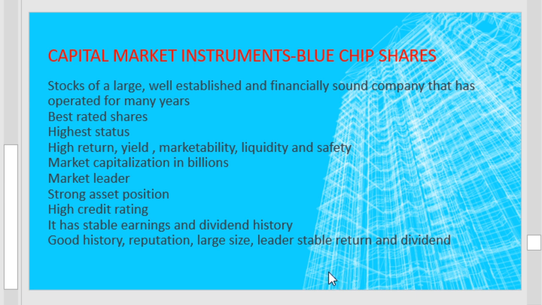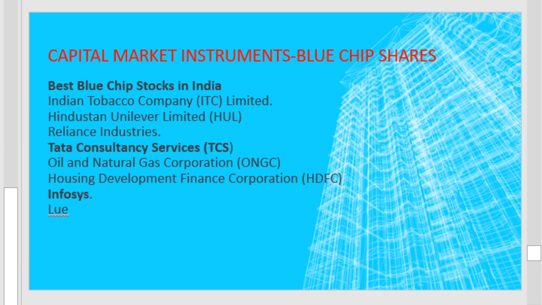These types of companies can issue blue chip shares. Some of the blue chip companies in India are Indian Tobacco Company, Hindustan Unilever, Reliance Industries, Tata Consultancy, ONGC, HDFC, Infosys, etc.